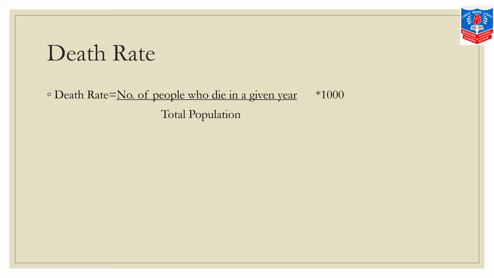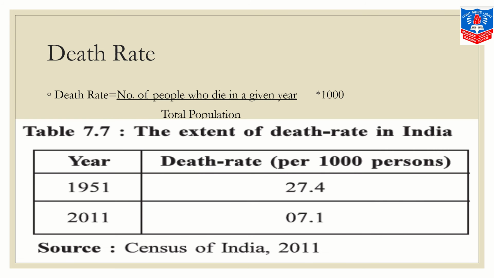The topic was very simple and easy. Now, on the screen again you will find the extent of death rate in our country for the two different years, 1951 and 2011. Death rate per 1,000 persons for 1951 was 27.4, whereas for 2011 it was 7.1.